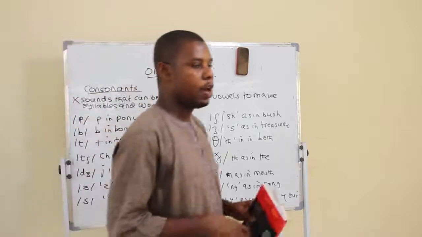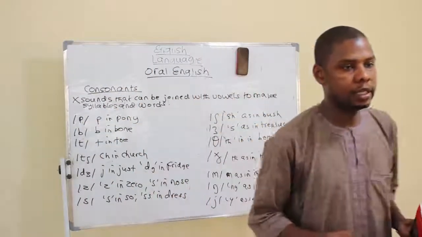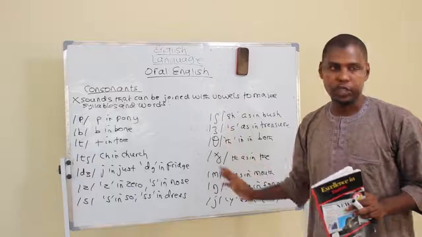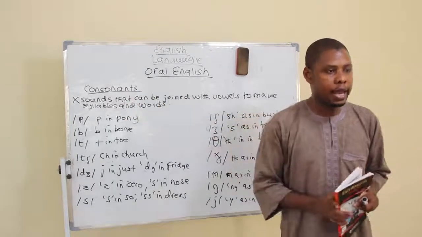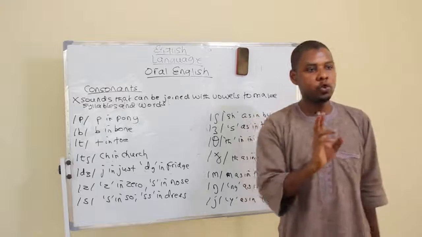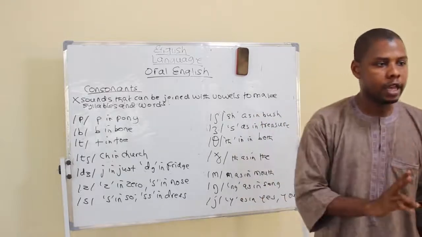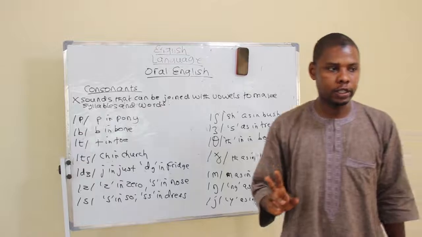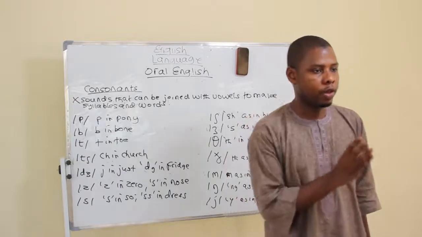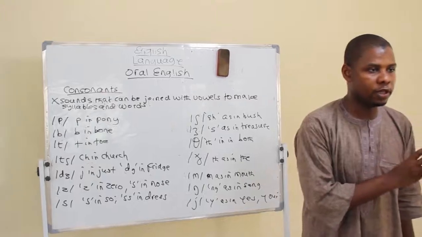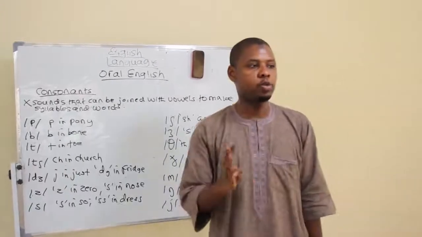Okay, class, now we're moving to the second aspect of today's lesson, which is consonants. As I said earlier, we have two types of sounds, vowels and consonants. Vowels are divided into three: monophthongs, or pure vowels, diphthongs and triphthongs.